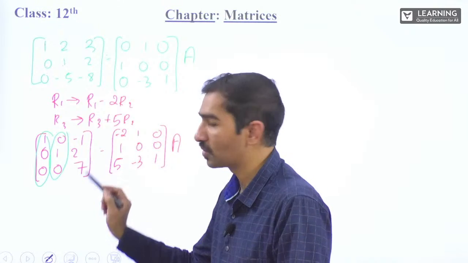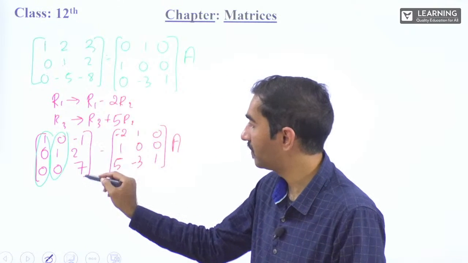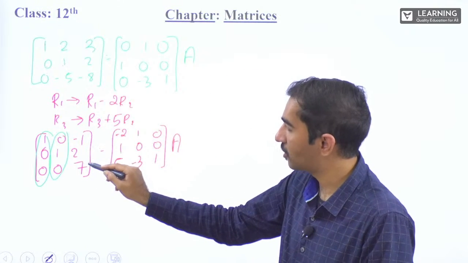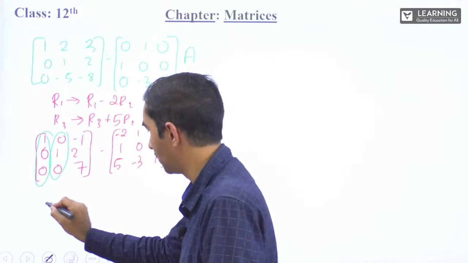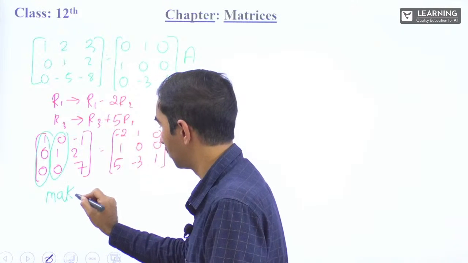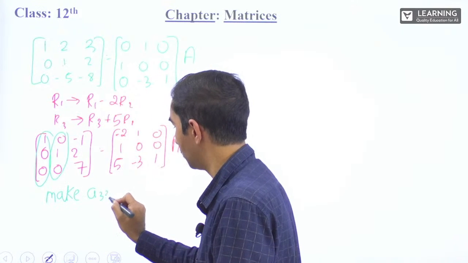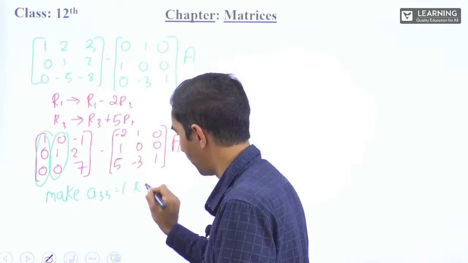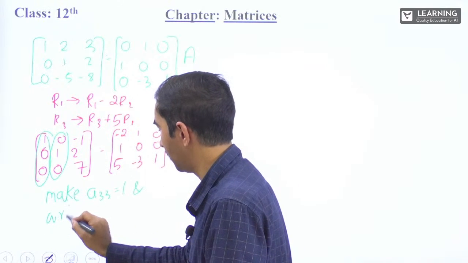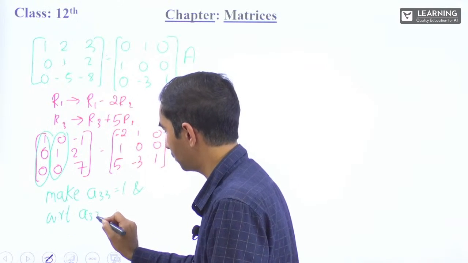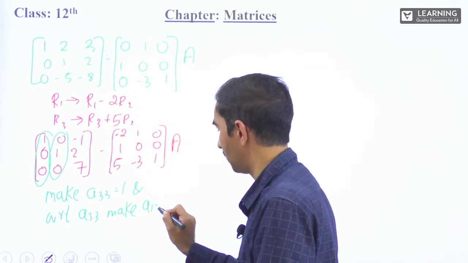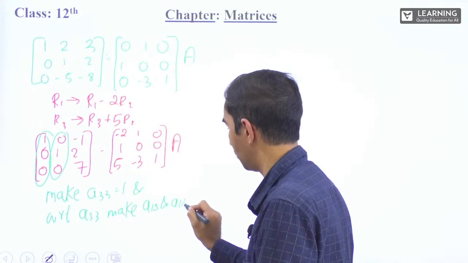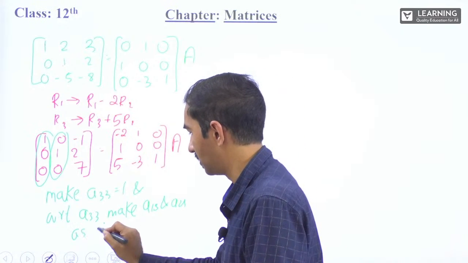Now we have the last row, right, students? Last column, sorry. We have the last column. Before we start with the last column, again what you have to do here, next step. The next step what you have to follow here is make A33 is equal to 1 and with respect to A33, make A13 and A23 as 0.